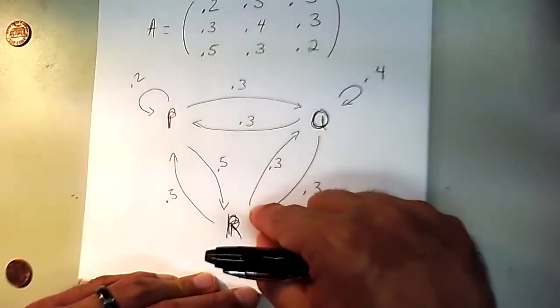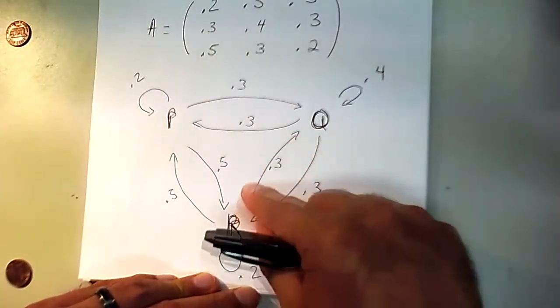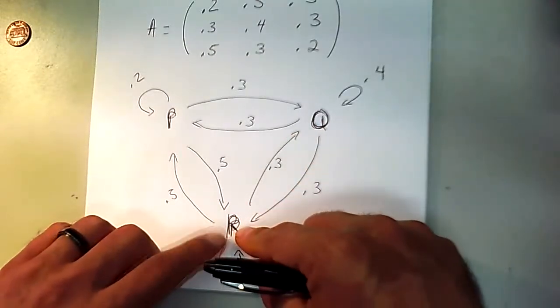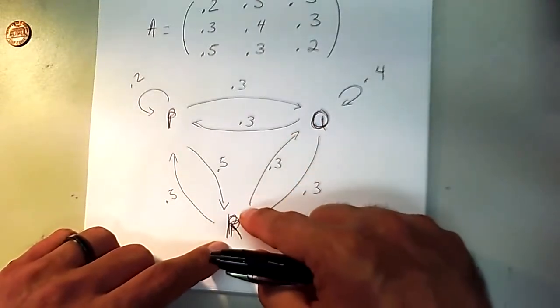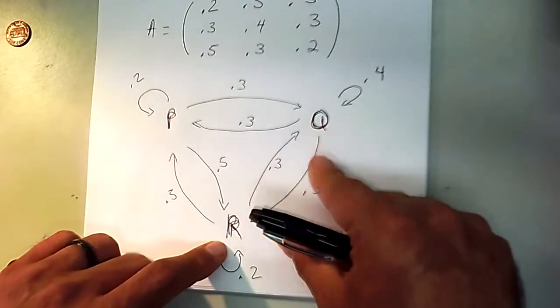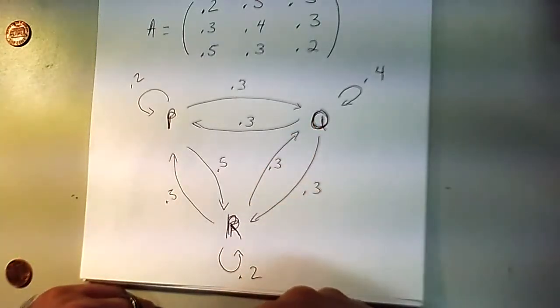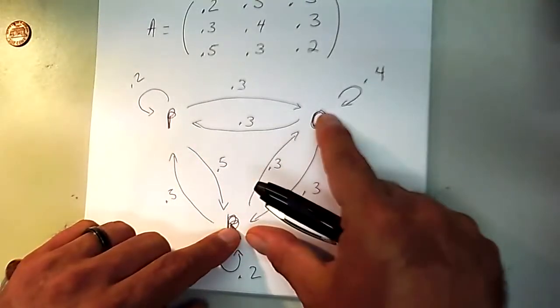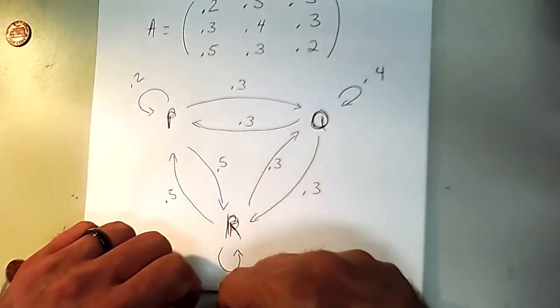Somebody may say, wait a minute, so this means that the population stays stable. Well, I shouldn't say that, because what if the populations are different sizes to start with? So 30% of this may not be the same as 30% of that.